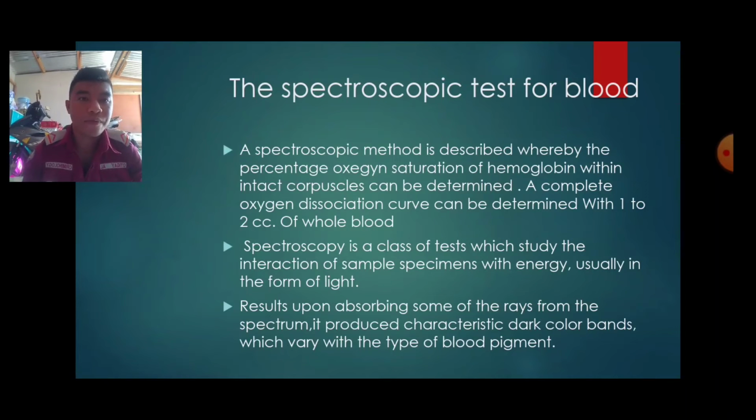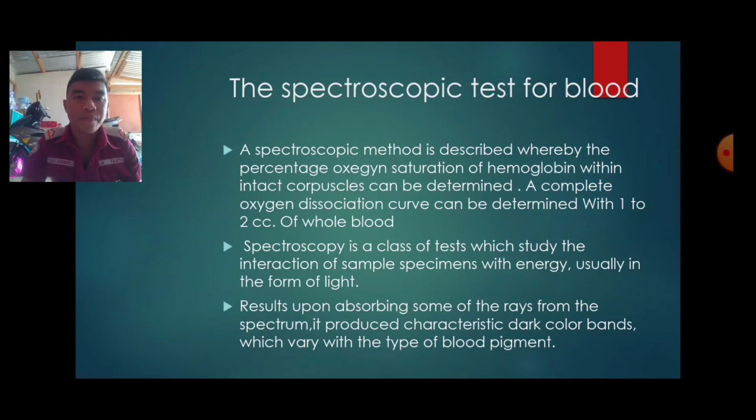The spectroscopic test for blood. A spectroscopic method is described whereby the percentage oxygen saturation of hemoglobin within intact corpuscles can be determined. A complete oxygen dissociation curve can be determined with 1 to 2 cc of whole blood.